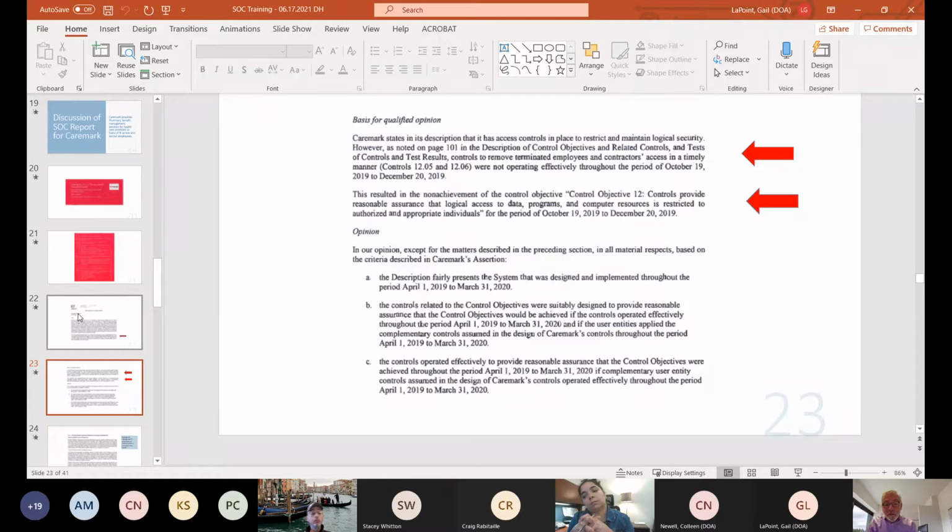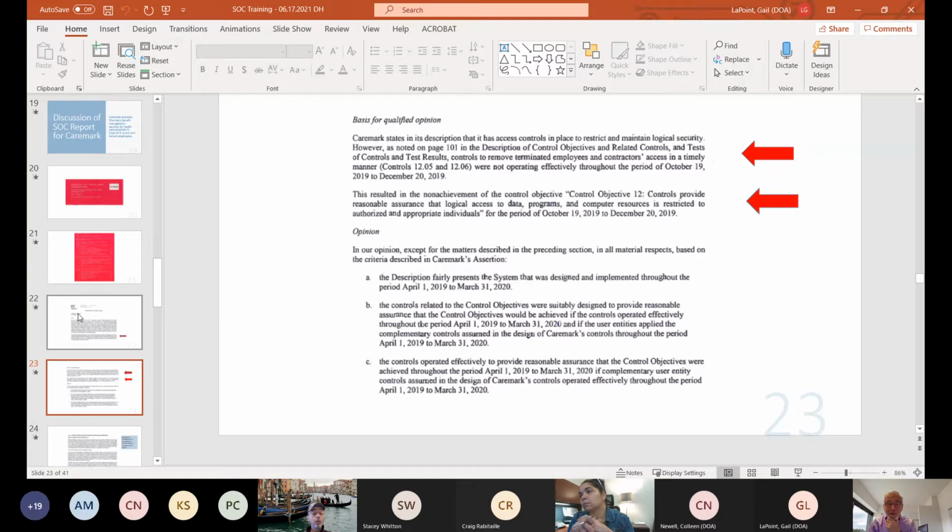After that, they do what we call an except for. They say, in our opinion, except for what we just described, they're providing an opinion on the controls in place during that time period covered by the SOC report. So if you do nothing else, this would be one of the most important things you can do: look at the opinion and determine if it's qualified or unqualified.